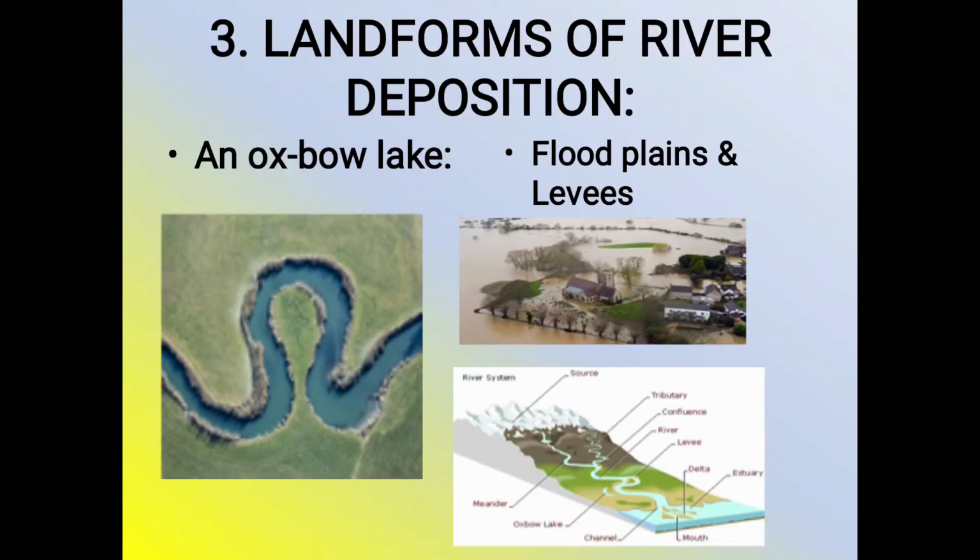This process continues during each flood, and thus vast depositional flood plains come into existence along both banks of the river. During the flood, the capacity of the river to carry load increases due to increased volume of water.